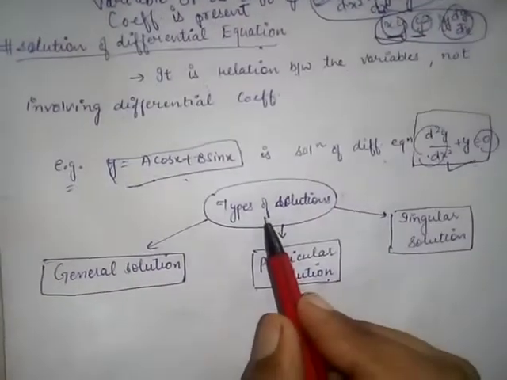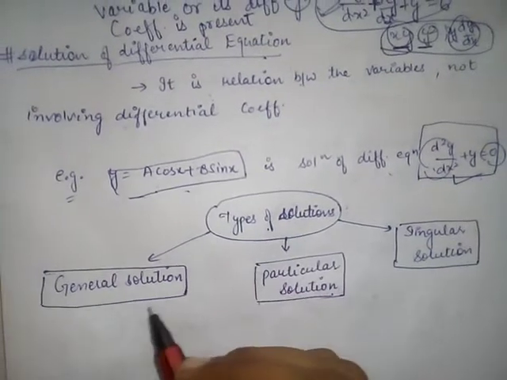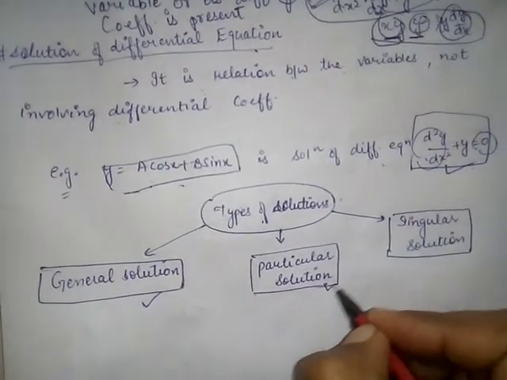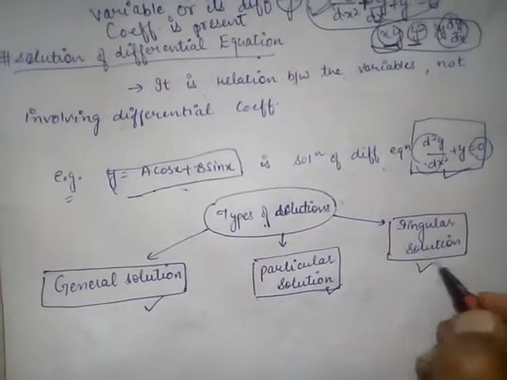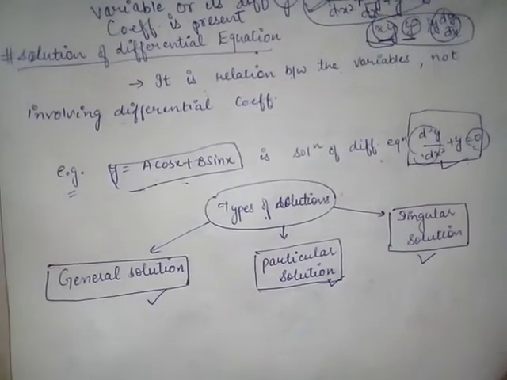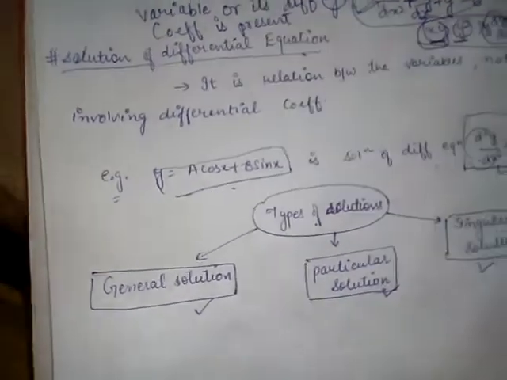There are three types of solutions. First is general solution, second is particular solution, and third is singular solution. What is general solution?